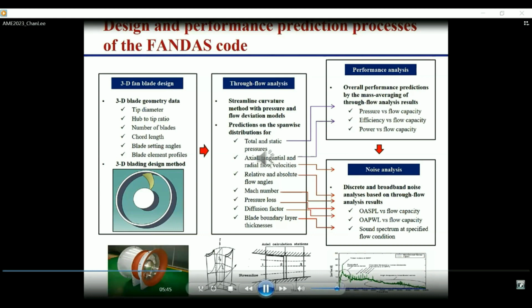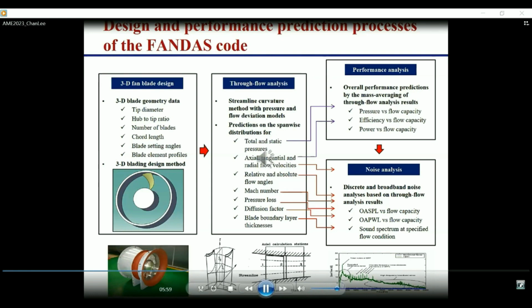Using through flow analysis method of a quasi-3D flow scheme, we can analyze the spanwise distribution of total pressure, flow velocity, flow angle, and so on.